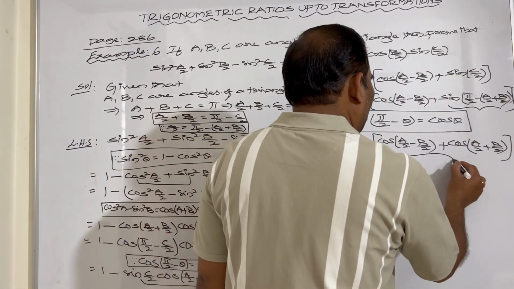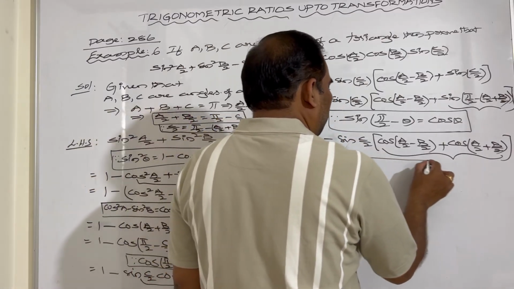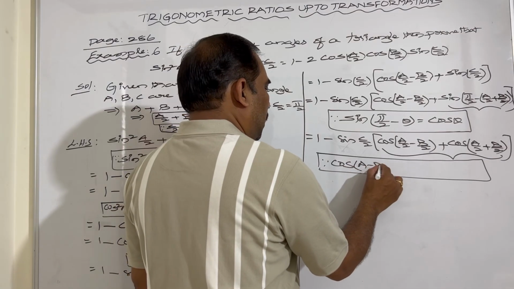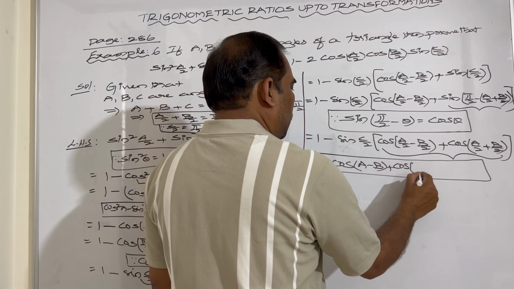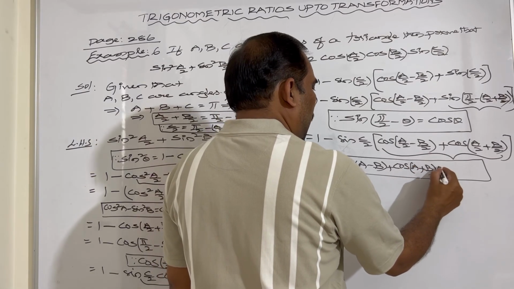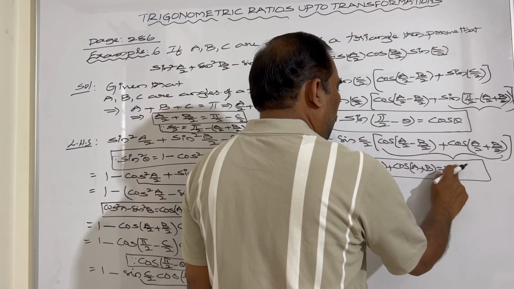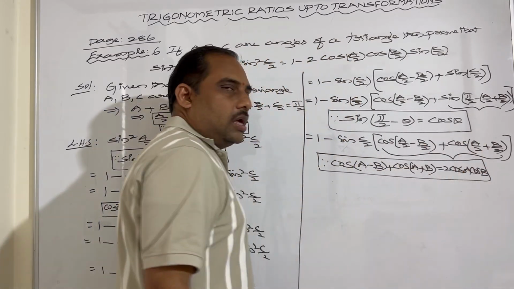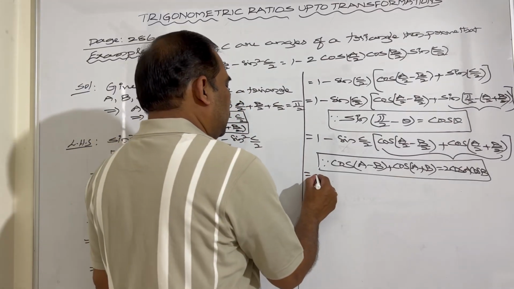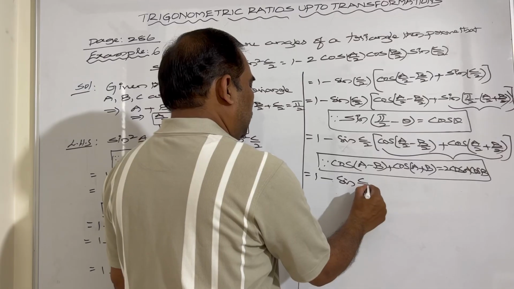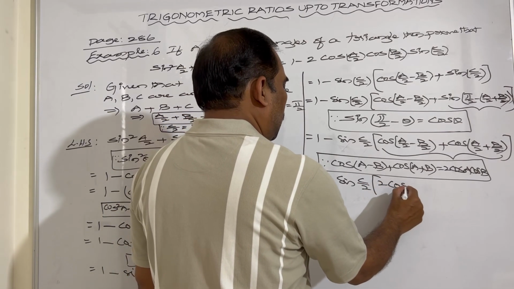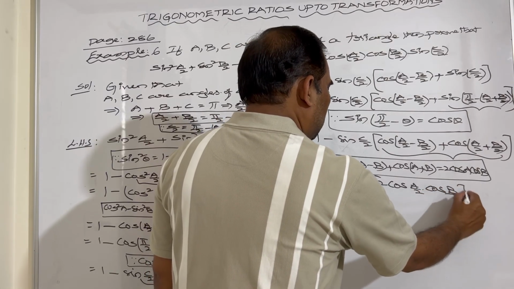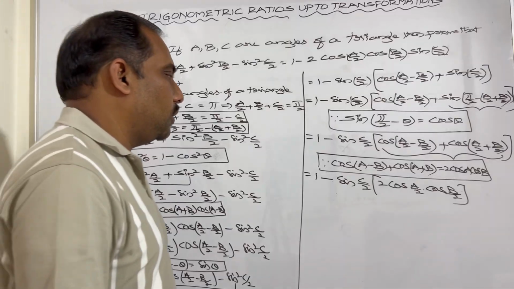Now if you observe, this is one of the standard formulas, that is cos A minus B plus cos A plus B, which is equal to 2 cos A cos B. So that's why this is equal to 1 minus sin C by 2 into 2 cos A by 2 into cos B by 2.